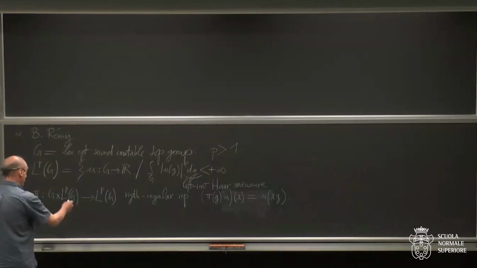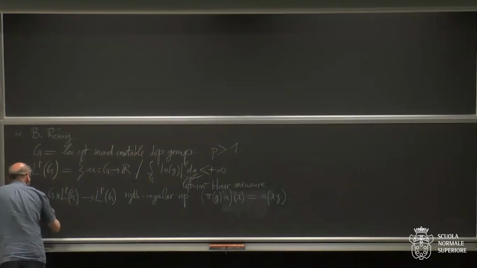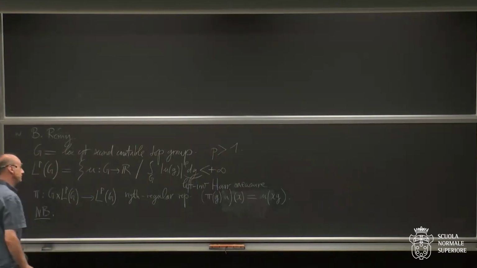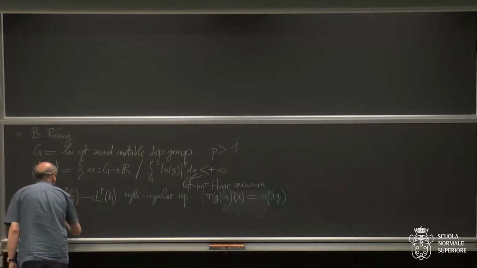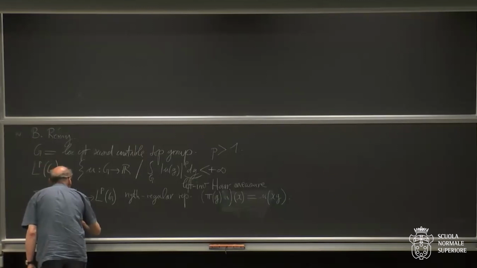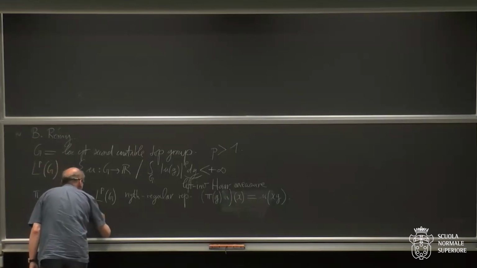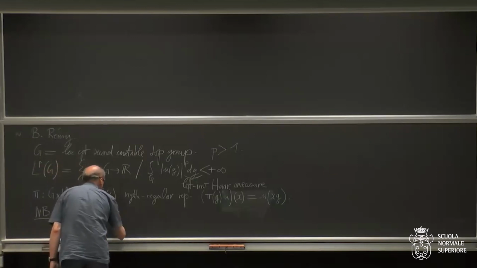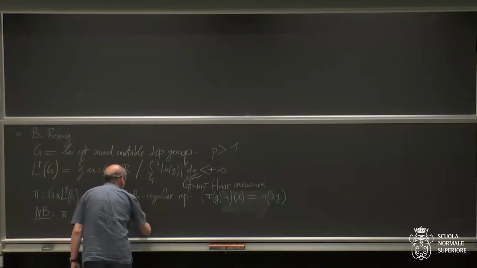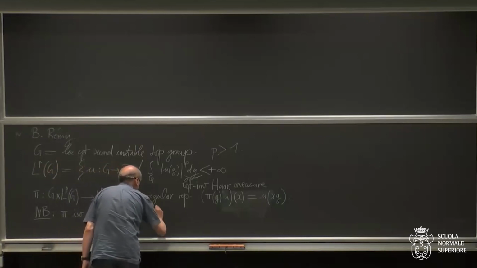One has to note that pi is an isometric representation if and only if G is unimodular.